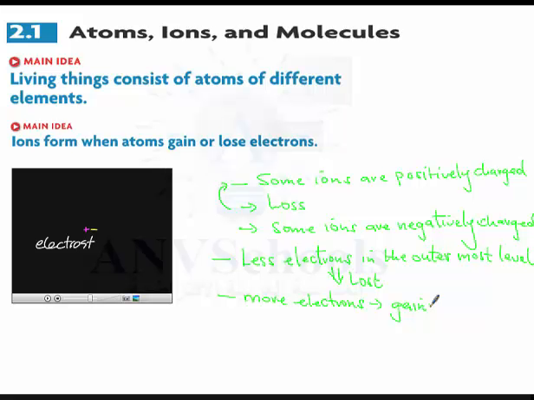instead of losing them. So an ionic bond forms through electric forces.